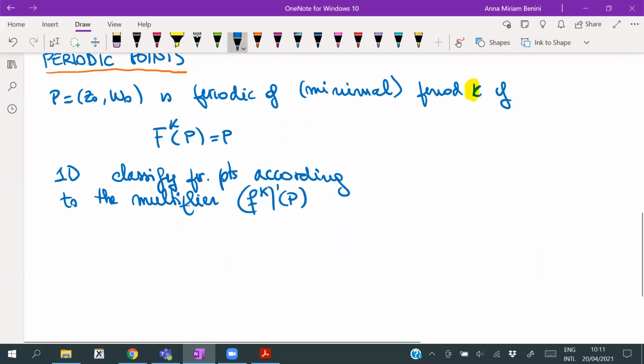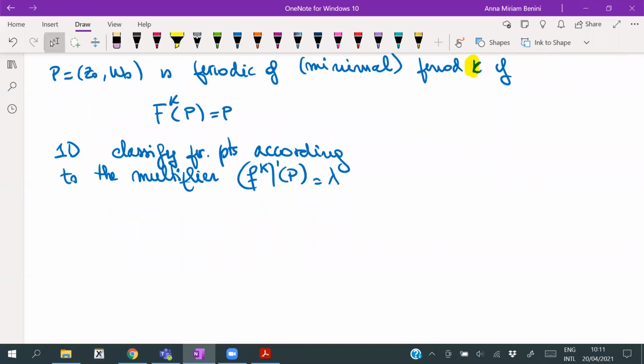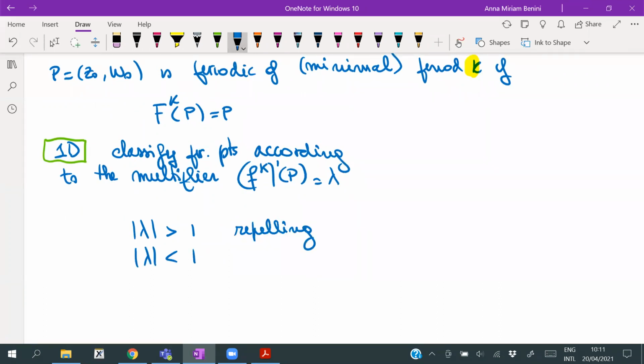Okay, let's call it lambda, and you have basically three cases with some subcases. So if the modulus of lambda is bigger than 1, then your point is repelling. If your modulus of lambda is smaller than 1, your point is attracting or super attracting.